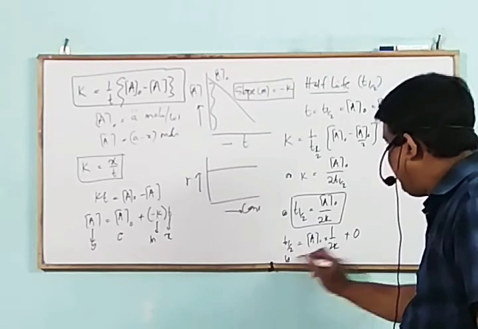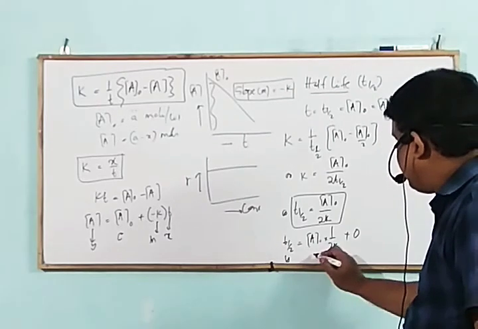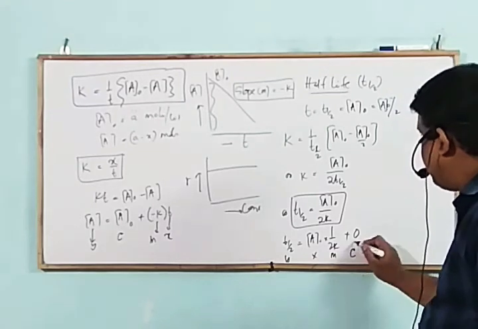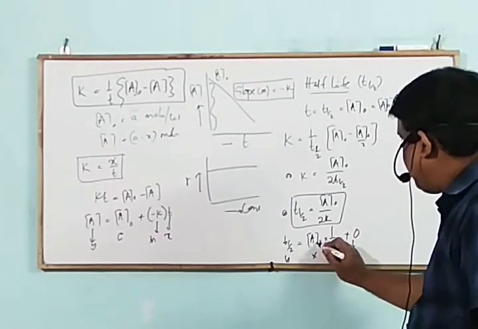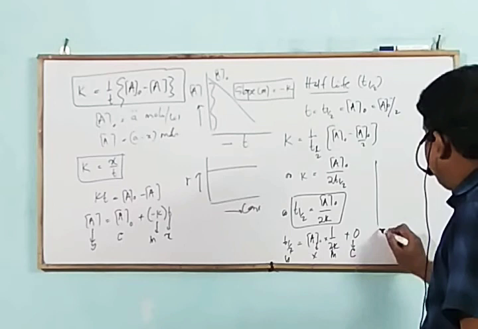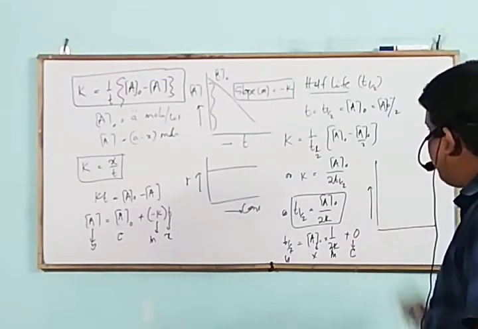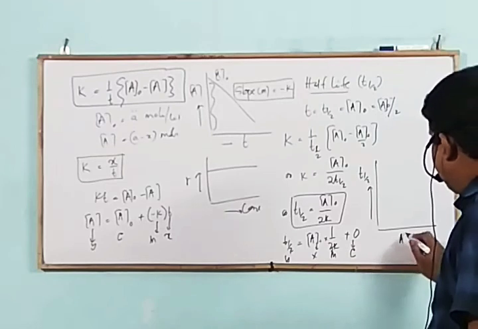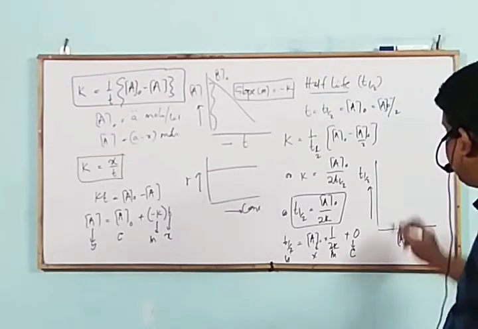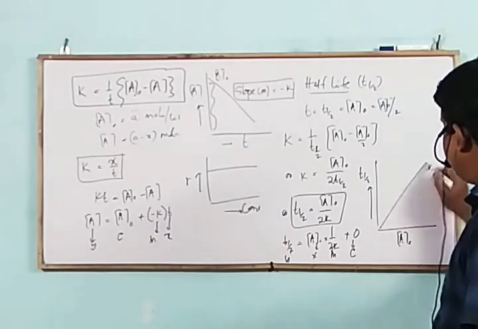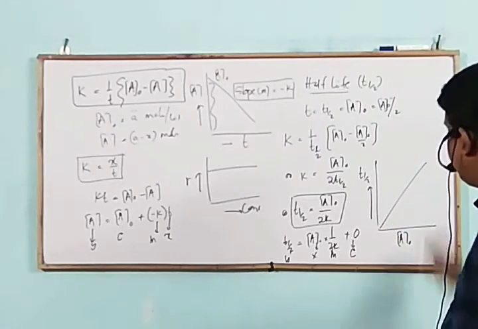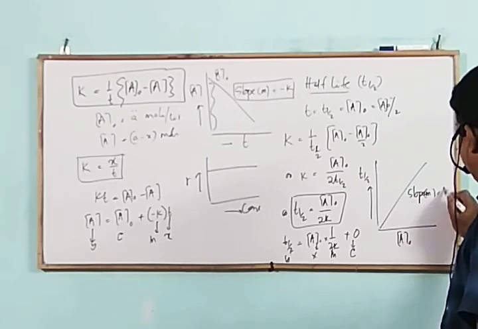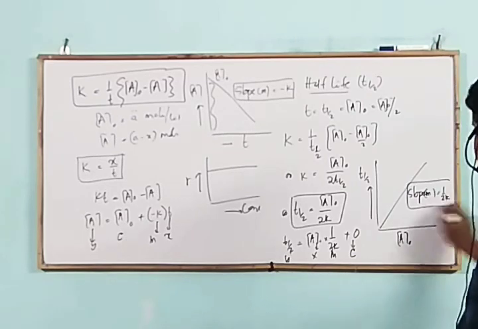Mark that it is y, it is m, it is x, it is c. If we plot a graph of y versus x, that is t half versus initial concentration, the graph is this one, because the y-intercept is 0. Here the slope m is equal to 1 by 2k.